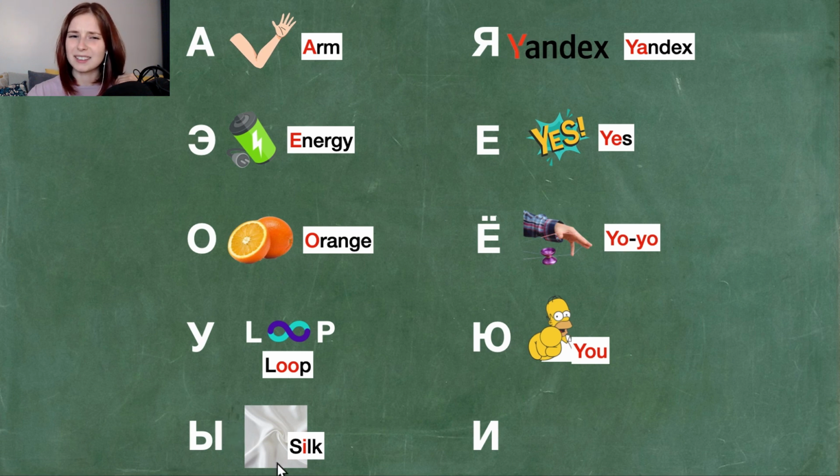Basically, it's a bit hard to explain this sound. I mean, it's supposed to be like E, right? It's like in silk, but not really. I don't really know if I can find a good example in English to explain what this letter sounds like, but maybe when you pronounce the word silk, at some point you make this sound, and if you stop there, you will get that sound.